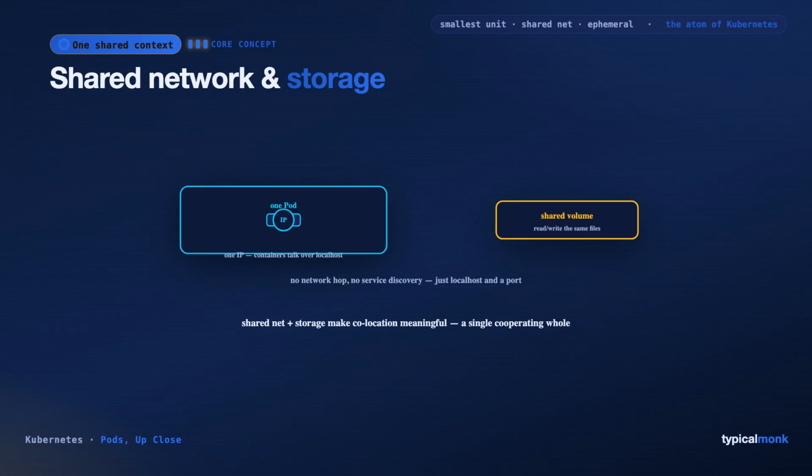Together, shared networking and shared storage are what make co-location meaningful. This is exactly why tightly coupled containers go in the same pod. They can collaborate as intimately as processes on one machine, talking over localhost, sharing files, because within the pod, that is effectively what they are.